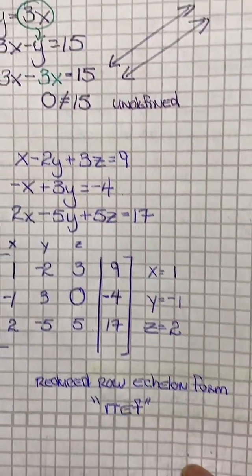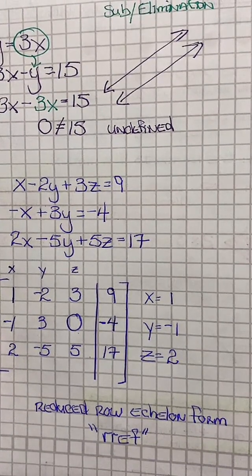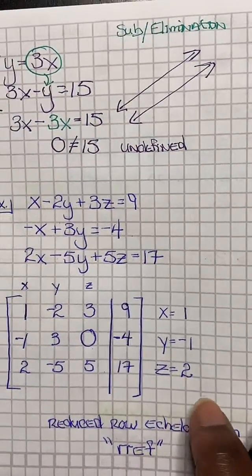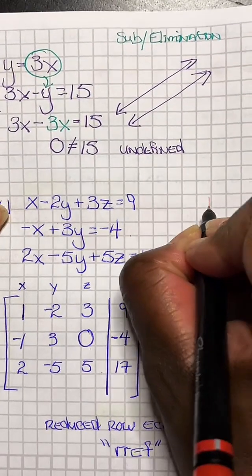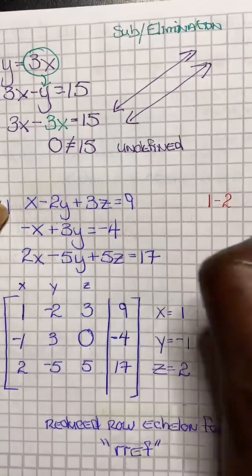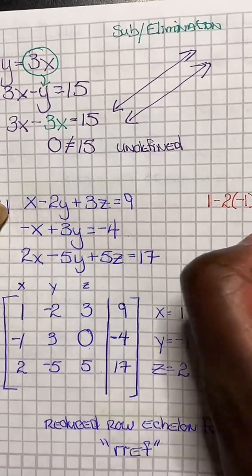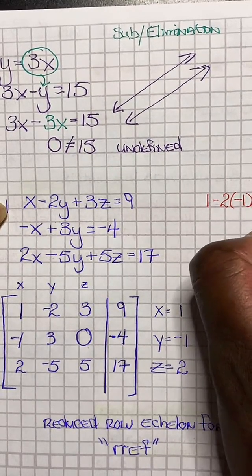All right? So going back to our original matrix, I'm going to put this off to the side. I'll put it in red. My X was 1. So we have 1 minus 2 times my Y, which is -1, plus 3 times my Z, which is 2.